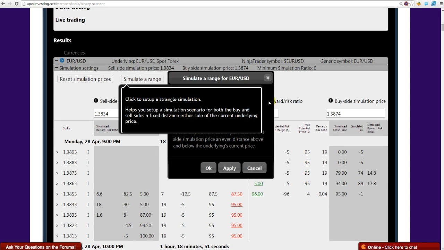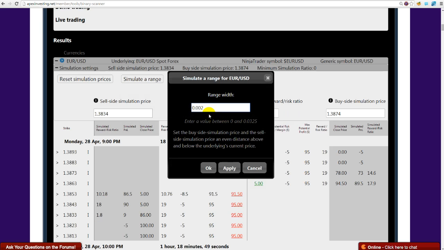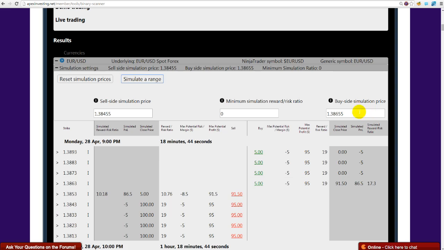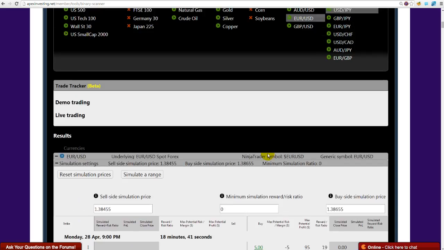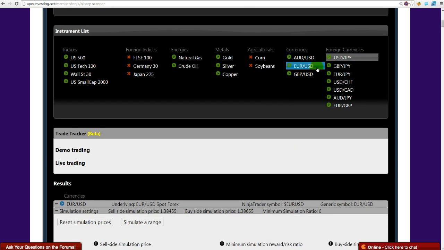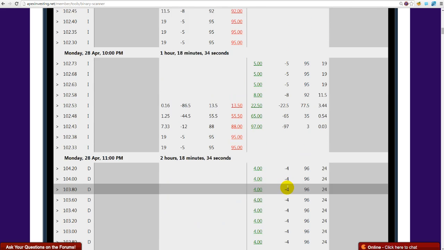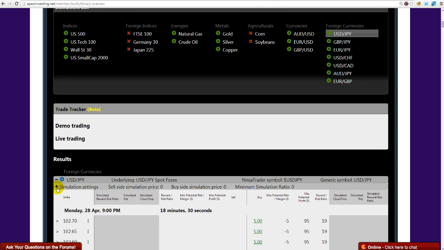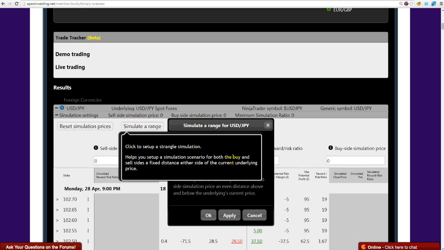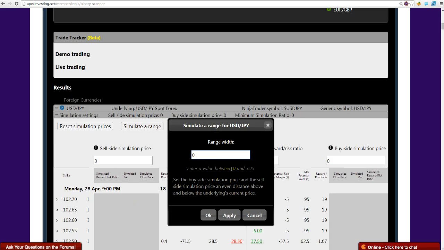I'll hit simulated range, 10, hit OK, and it'll update the price and update what it's worth. So let's get something a little more liquid, like US yen. Let me simulate a range right here. I'll hit simulate, and then type, say, 10 ticks.